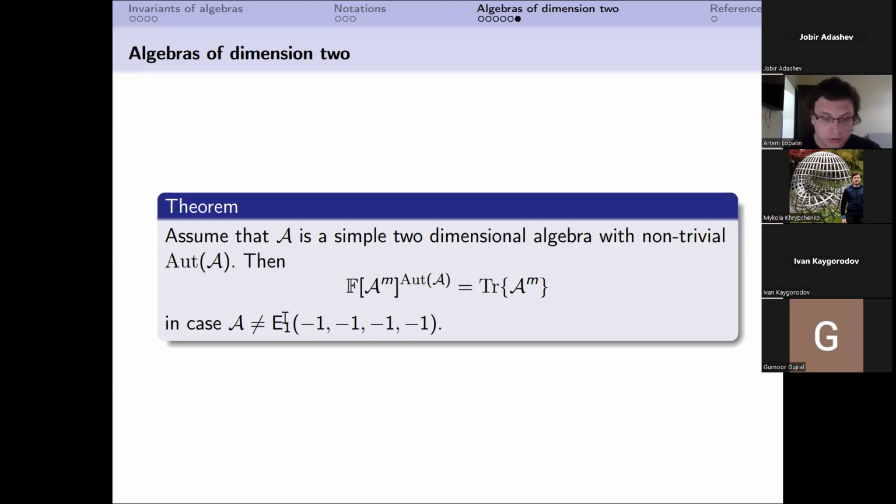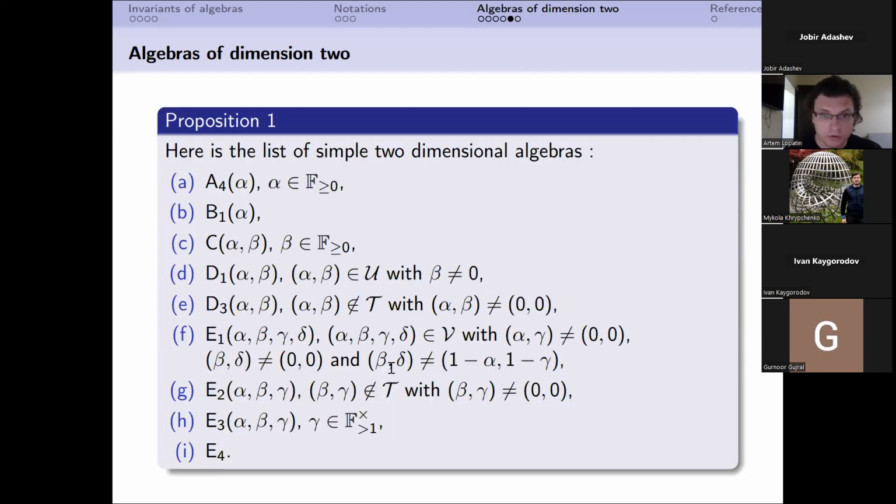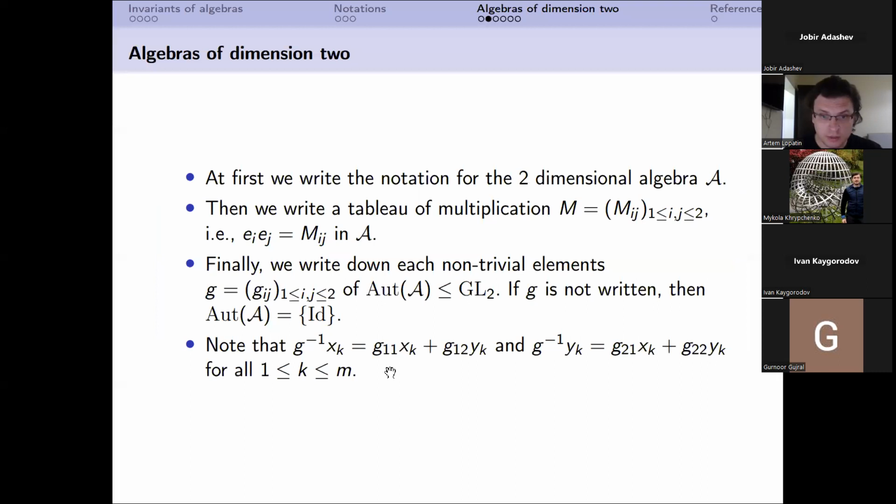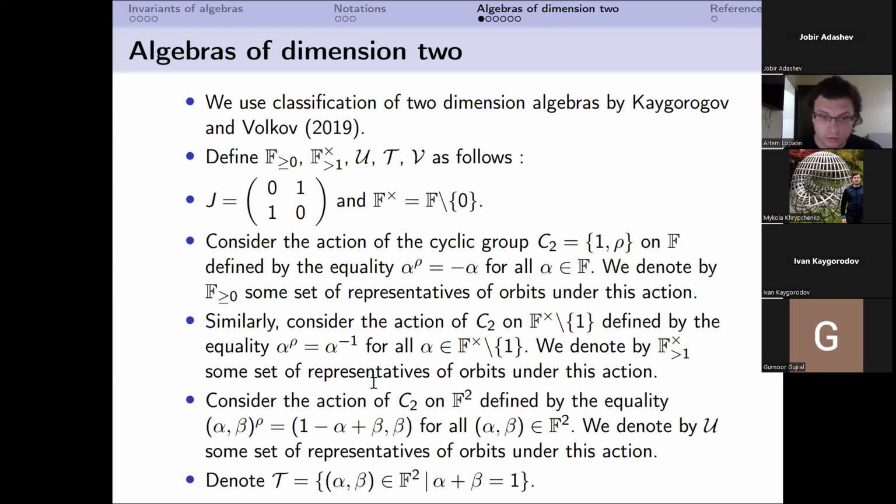About the case of positive characteristic, we can also do something of this kind, but in this case, of course, traces are not enough. It's obvious for matrices, for example: invariants of matrices in positive characteristic are not generated by traces.